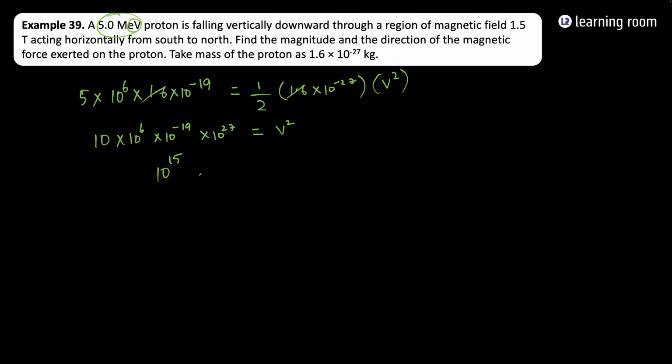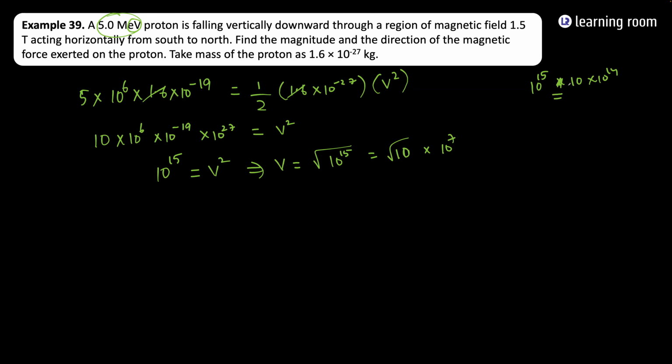Okay. So 10 power 15 is equal to v square, which implies v is equal to square root of 10 power 15, or it is square root of 10 into 10 power 7. Why is it so? Because 10 power 15 can be written as 10 into 10 power 14.